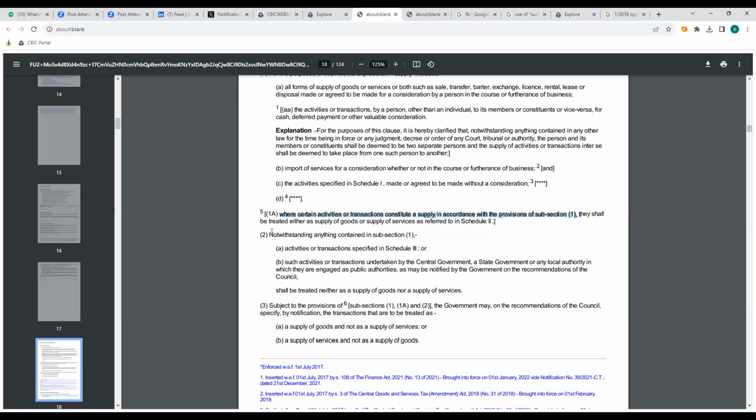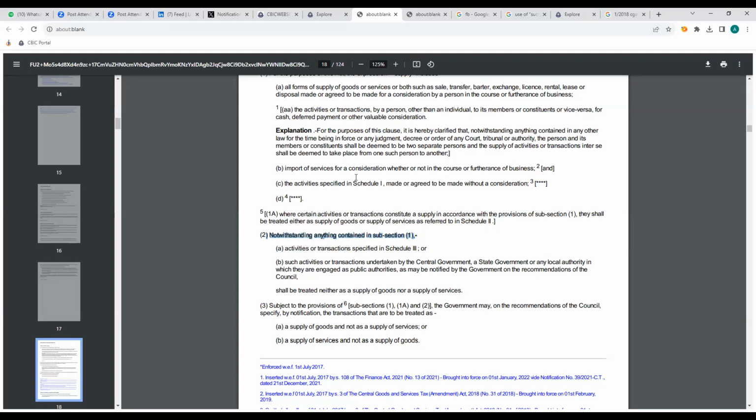Because if we go through section 7.2, it says notwithstanding anything contained in subsection 1. So by virtue of this non-obstante clause, 7.2 seeks to override 7.1. So the first thing which I would like to highlight in this case is that a transaction should fall within the ambit of services.